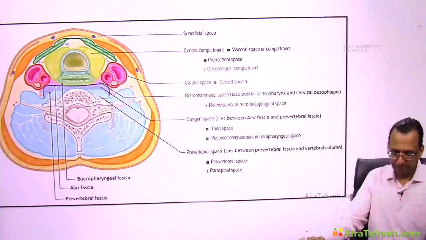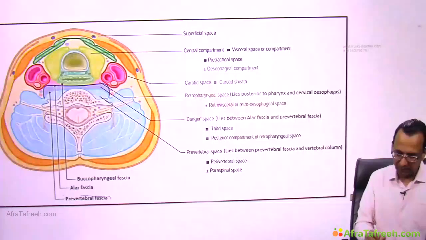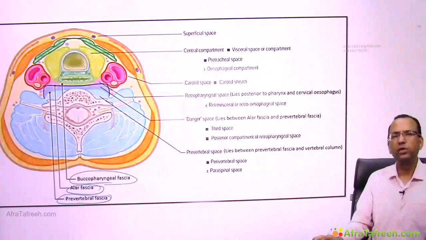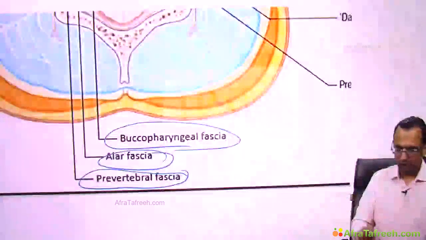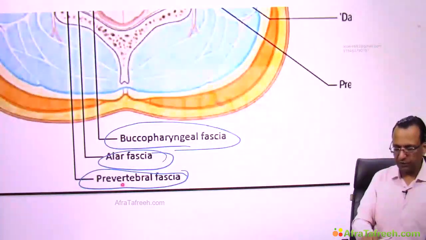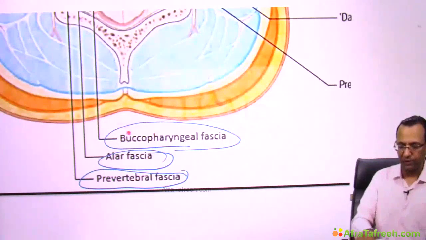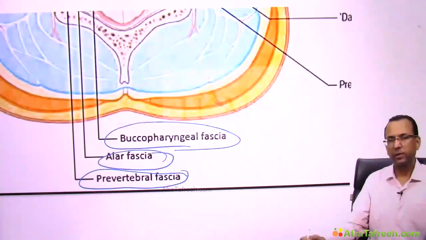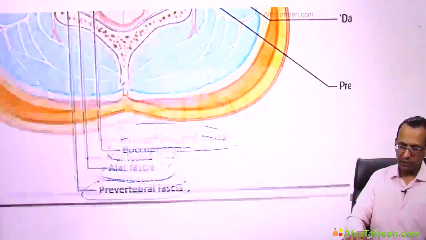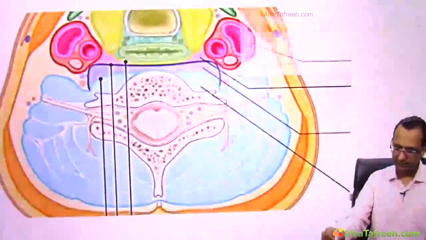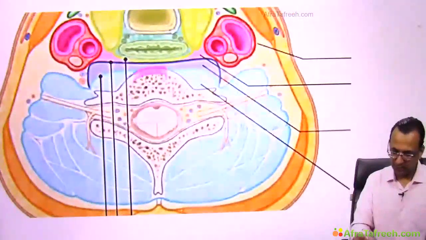What are they? You see there is a prevertebral fascia, in front of that the alar fascia, in front of that the buccopharyngeal fascia. Most posterior is the prevertebral fascia, it is splitting anteriorly, giving the alar fascia, in front of that the buccopharyngeal fascia, and between them some spaces. What spaces between them? Can you see this is the vertebra here? Yes, I can see the vertebra.